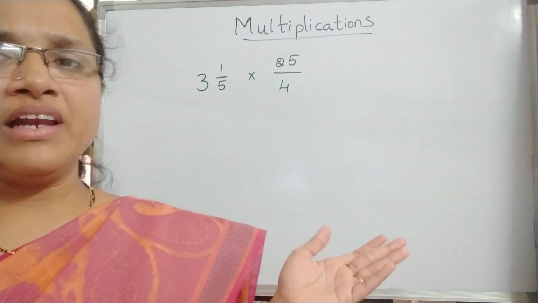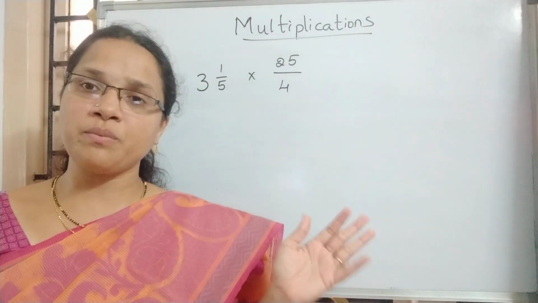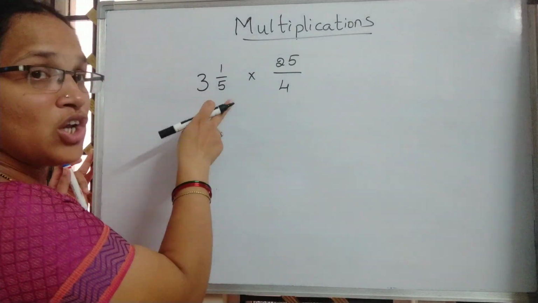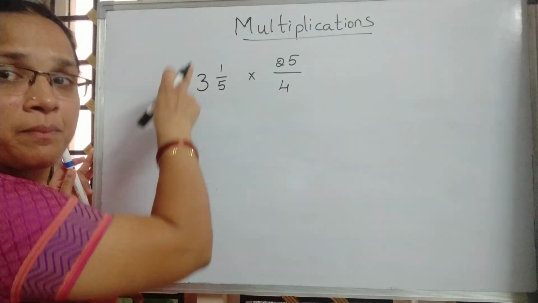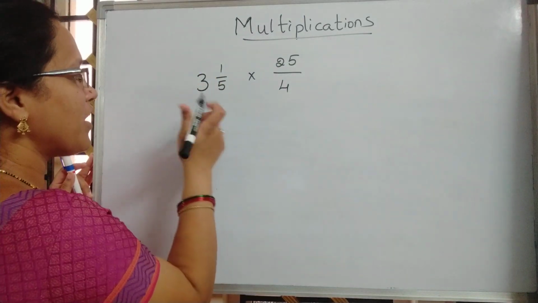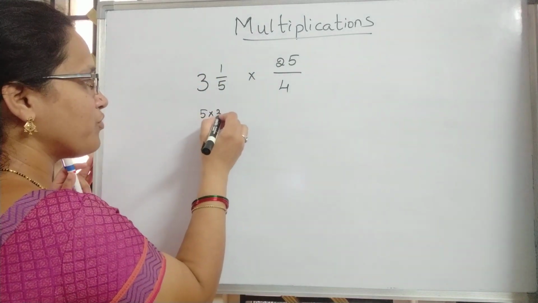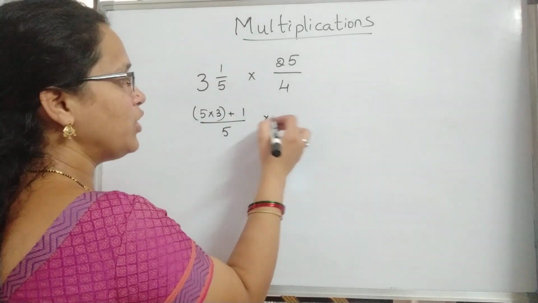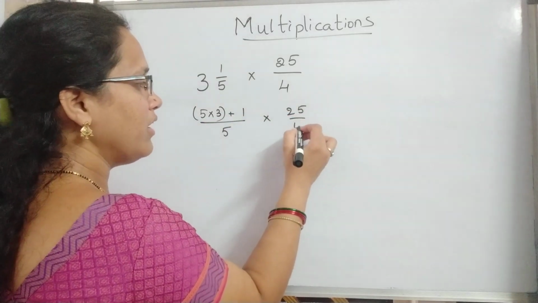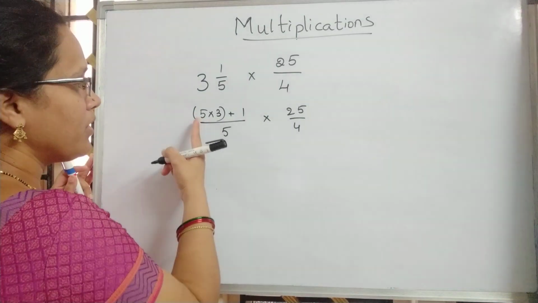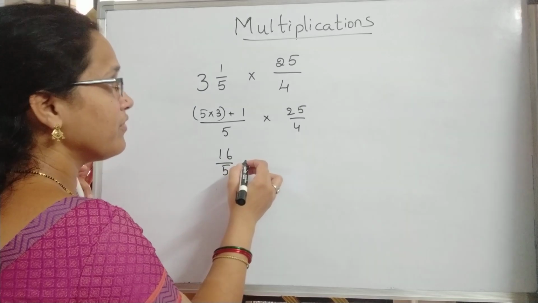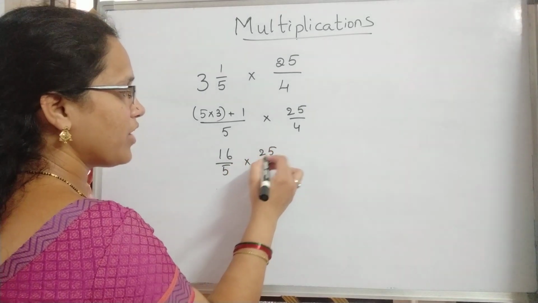Why? Because we have already learned how to convert mixed to improper and improper to mixed. In a similar way, denominator into the whole number plus the numerator. So 5 times 3 plus 1 by 5, into 25 by 4. Now, 5 3s are 15, 15 plus 1 is 16 by 5 times 25 by 4.